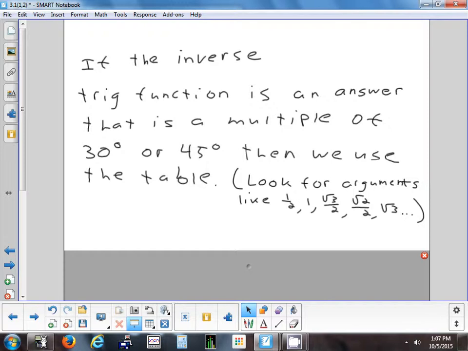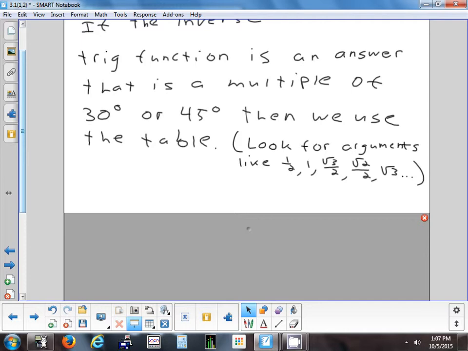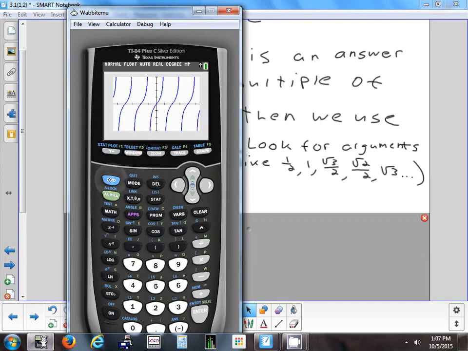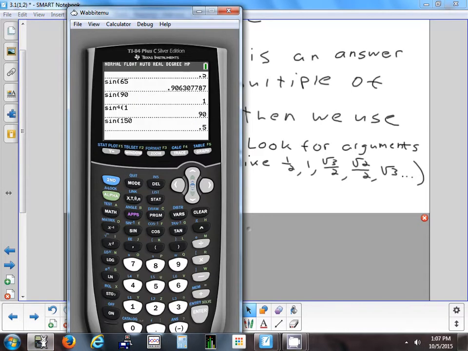Something to think about though before we get to the calculator. How many inverse trig functions do I have on this calculator? Just 3. Inverse sine, inverse cosine, inverse tangent. In fact, pretty much everybody's calculator, I would bet, just has these 3.